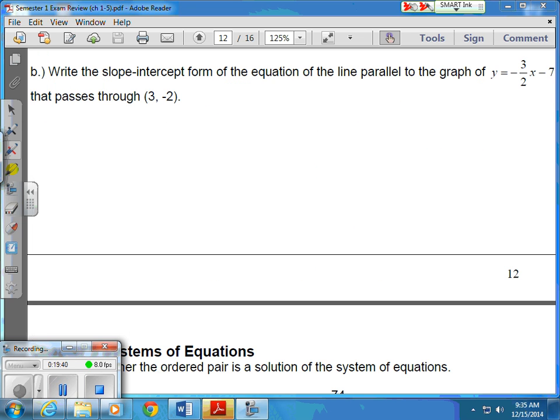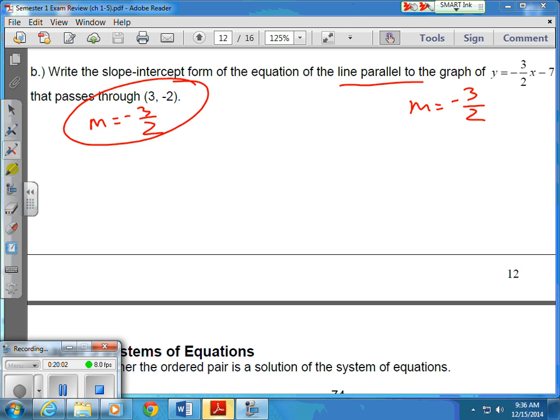Bonus point for the class. So the B part of this question, it wants the line parallel to that graph. So if that one had a slope of negative 3 over 2, then the parallel one will also have a slope of negative 3 over 2. And it needs to go through that point. So again, we go through the point slope form.